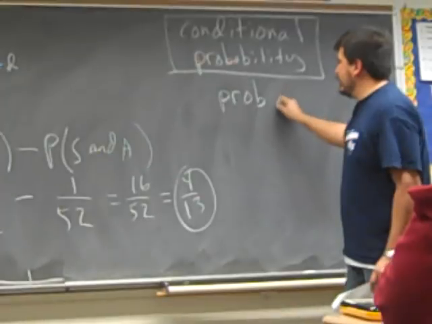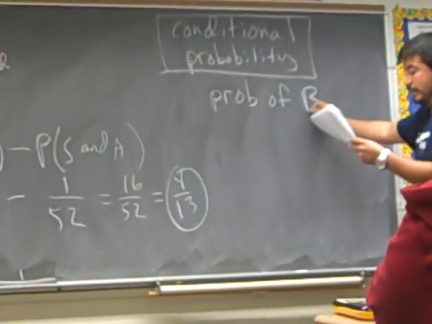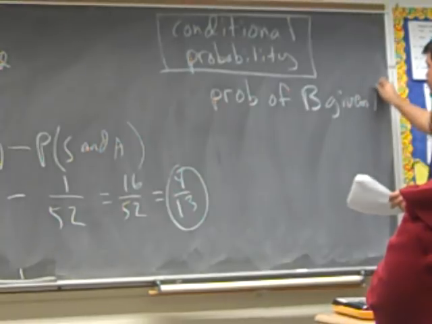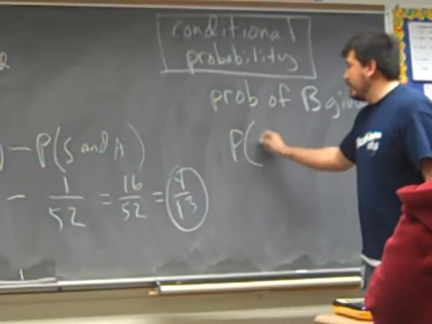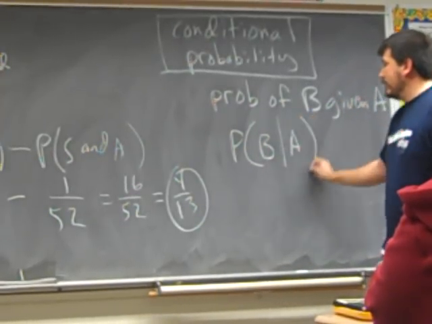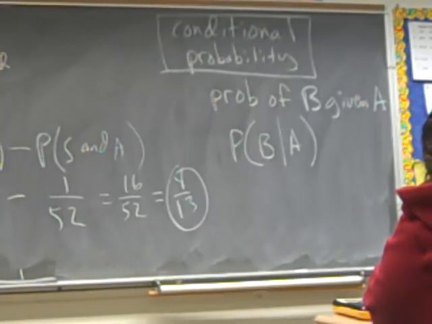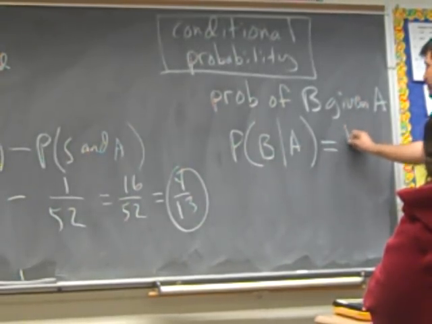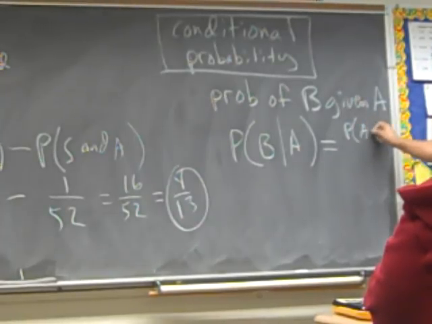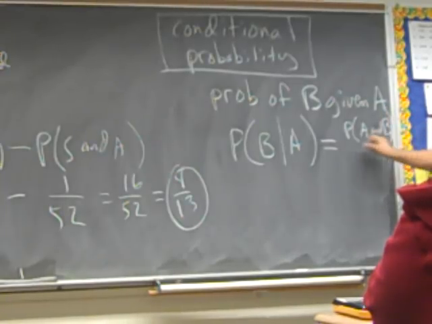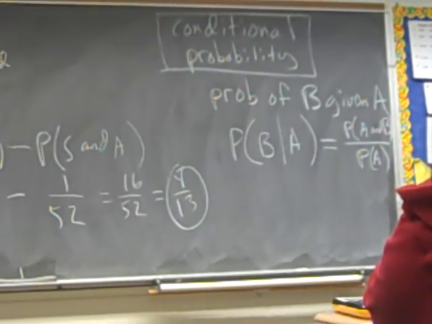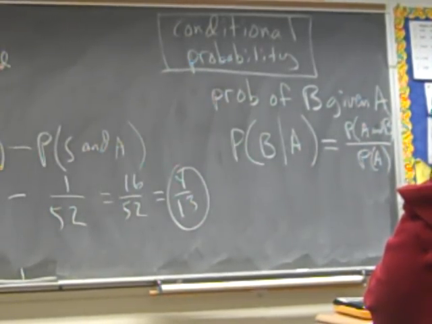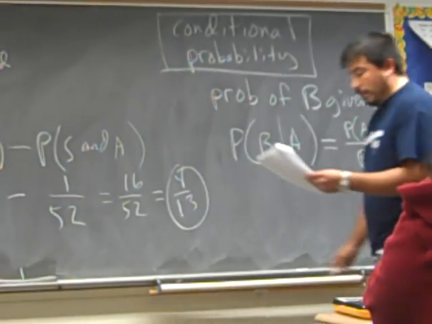It's finding the probability of an event, let's say B, given A. The notation looks like this: probability of B, a little vertical line, that means given A. The formula is simply to do the probability of A and B and then you divide by the probability of whatever it is that you know, which is A. Okay?